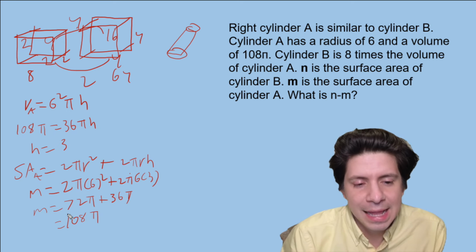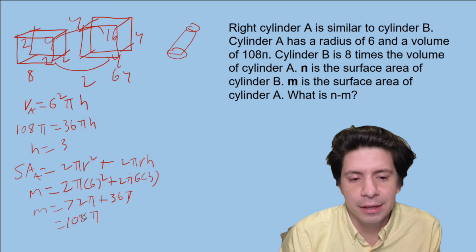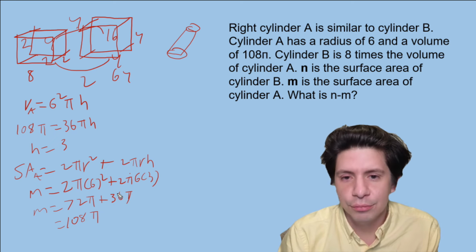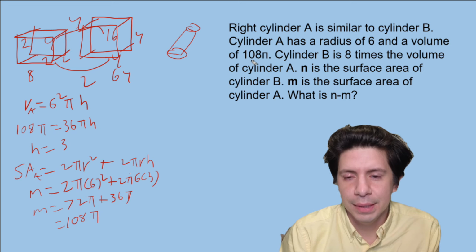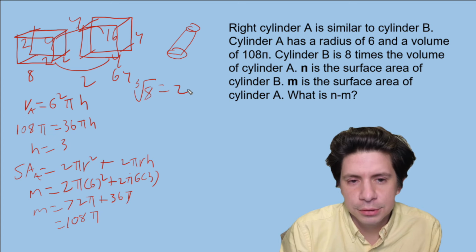it's correct. And then to find the surface area of cylinder B, instead of multiplying by everything, you take the surface area here and you multiply by, first find the length difference. So 8 cube rooted equals 2 equals length ratio.